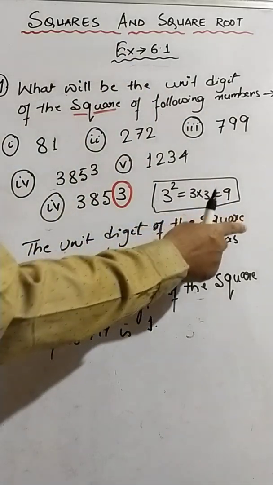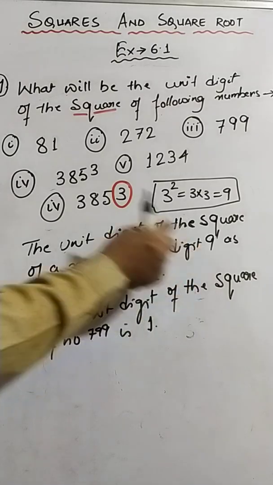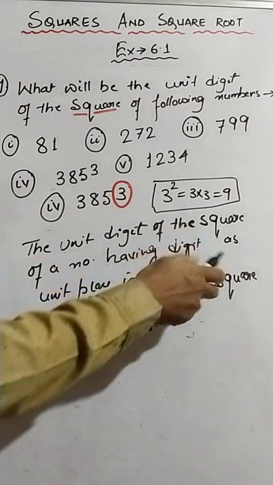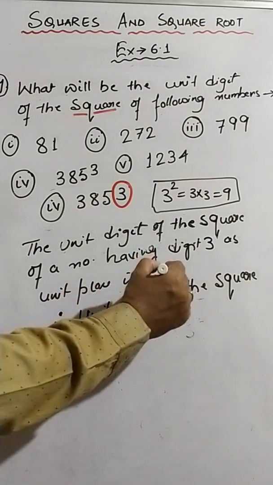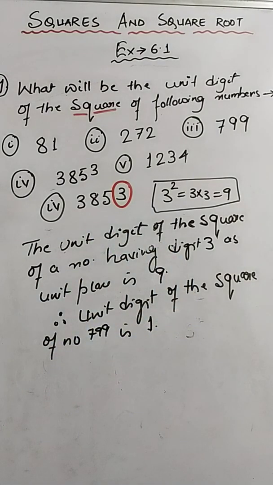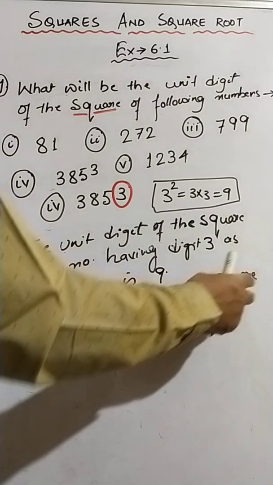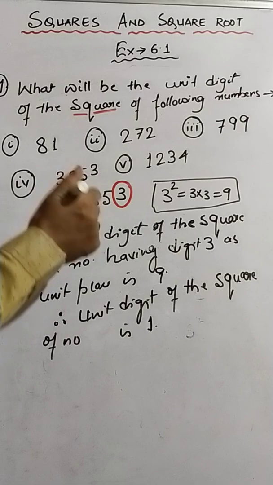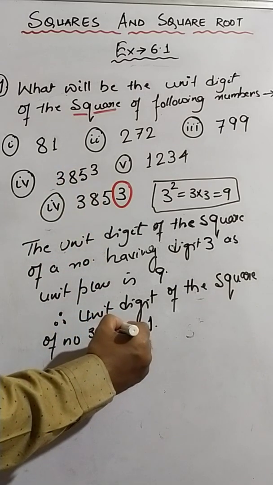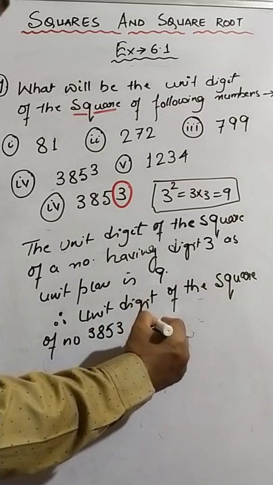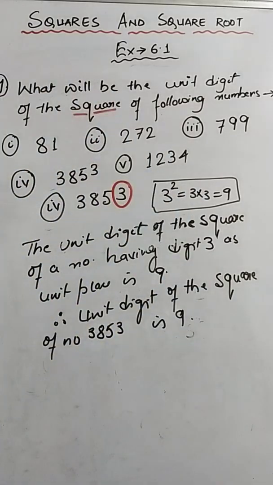The unit digit of the square of a number having unit digit 3, the unit place is 9, isn't it? So the unit digit of the square of the number 3853 would be 9.